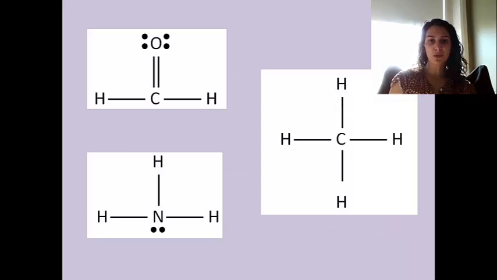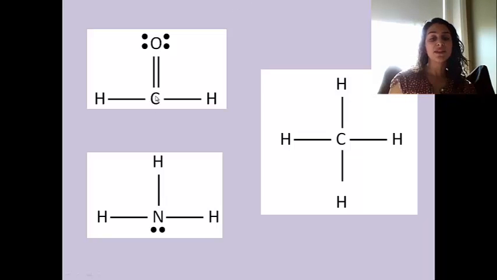And here are some examples of what I mean. If we look over here at this molecule, we have 3 domains. Because here's a central atom, carbon, and we see that we have 1, 2, 3 atoms bonded to it. Now notice I didn't count this double bond as 2 domains because I'm not interested in the bonds. I'm interested in the atoms that are bonded to the central atom.